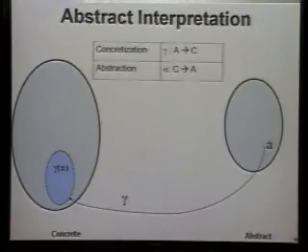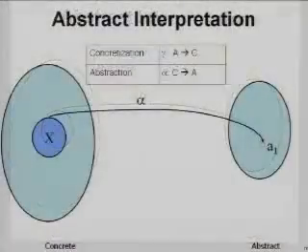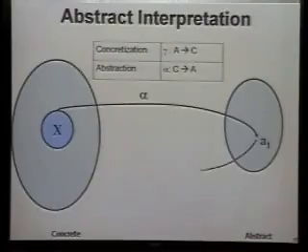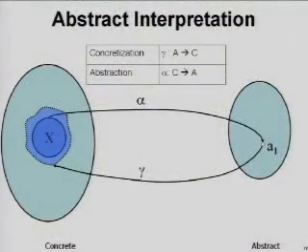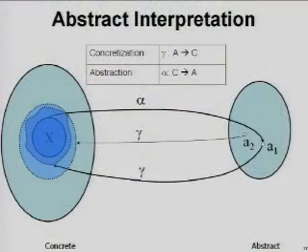And there is also an abstraction function which takes a concrete set and defines the most precise abstract value for it, the most precise abstract value which over-approximates this set of states. And the most precise means that if I take another abstract value which also represents all the concrete states in X, then it will be a superset of the gamma of A1.